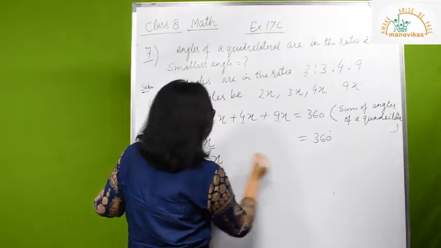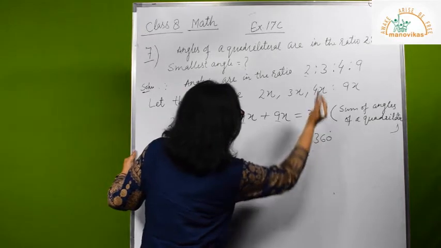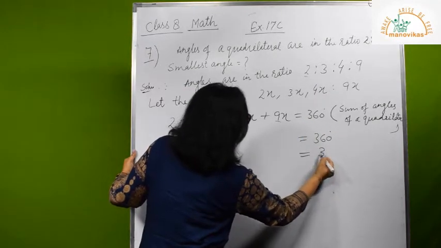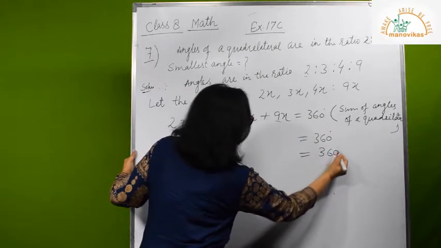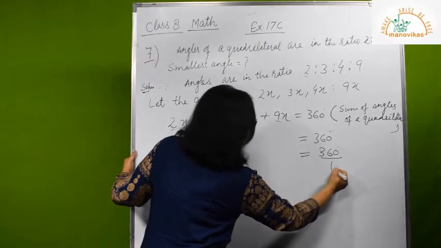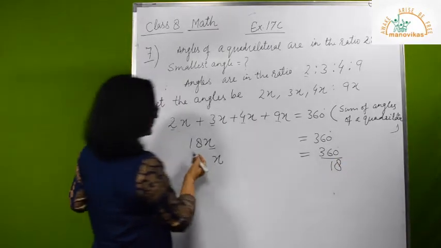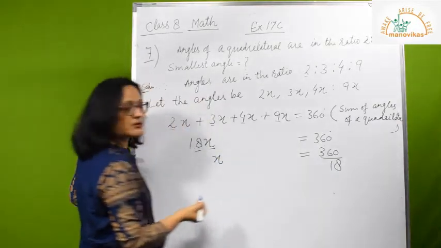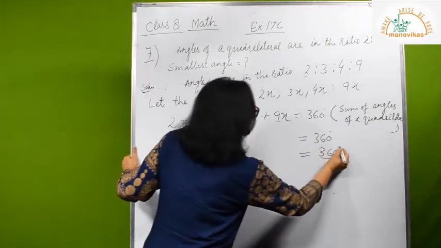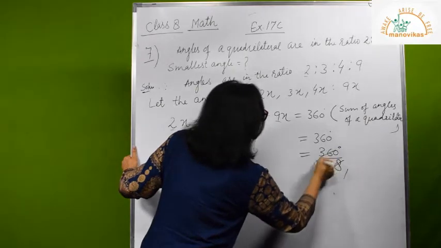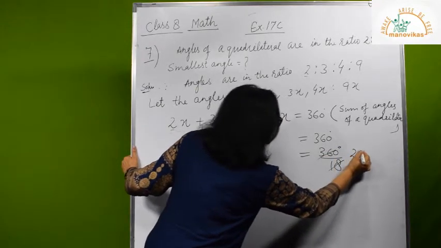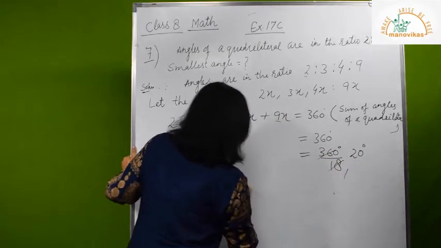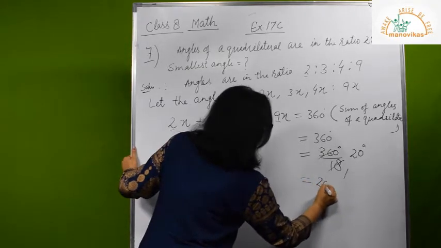When we get the value of x, we can find the smallest angle easily from the ratio. So x is equal to 360 degree divided by 18, because this 18 is in multiplication, so on the other side it will go in the denominator. 18 ones are 18, 18 twos are 36. That means we got x is equal to 20 degree.